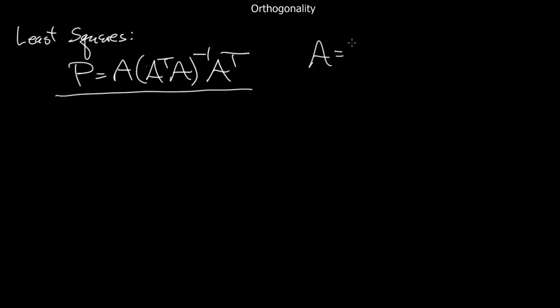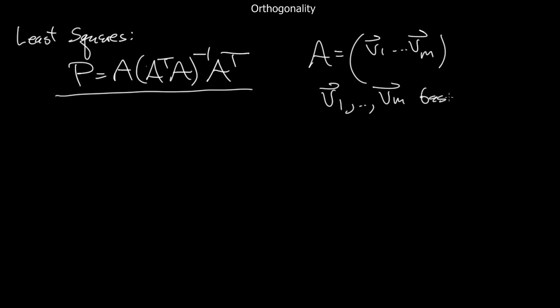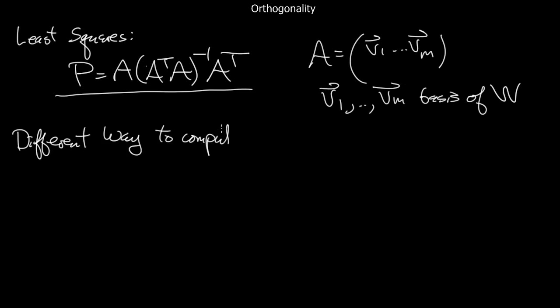That's the matrix which gives you the closest point, where A is the matrix whose columns are a basis of the subspace W. Okay, so that's the least squares method. And I want to discuss a variant of it now, doing it a slightly different way, which takes advantage of some stuff about orthogonality.